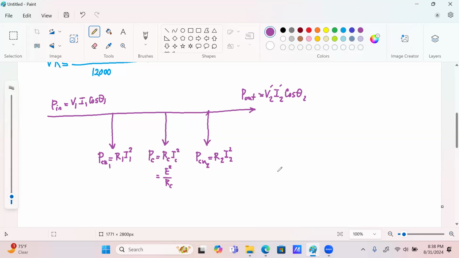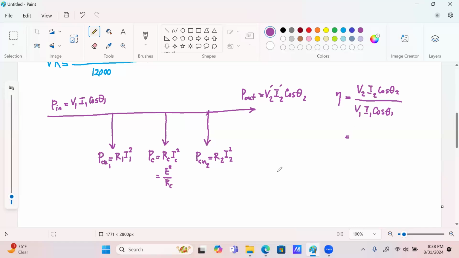Both of them will give you the same thing. There are different ways that we can solve this efficiency. One thing is I can say efficiency is simply the output power divided by input power. So V2 I2 cosine of theta 2 divided by V1 I1 cosine of theta 1.